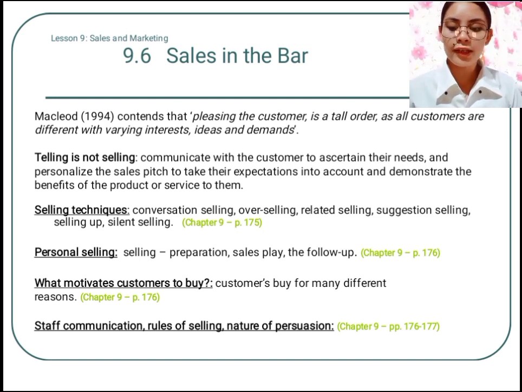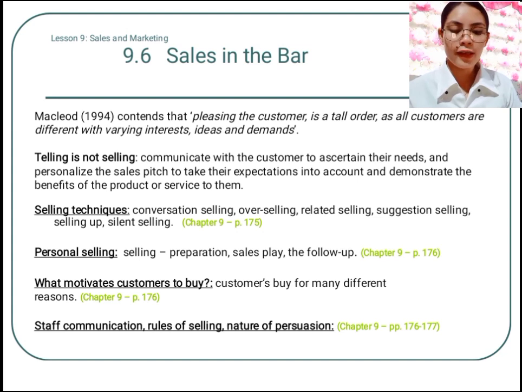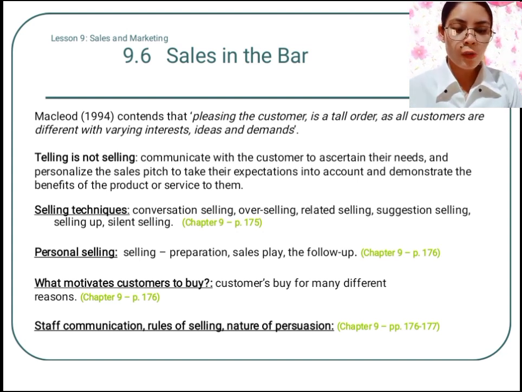So conversation selling is a conversation between a potential buyer and a seller that has the objective of leading the prospect to purchase a product or service down the line. And then overselling. Overselling is continuing with a sales attempt after the customer is already willing to purchase, or attempting to sell a customer more than they need or want. Suggestion selling.